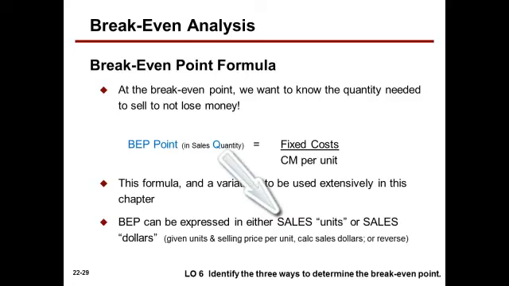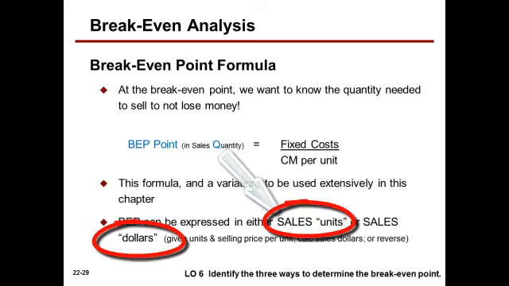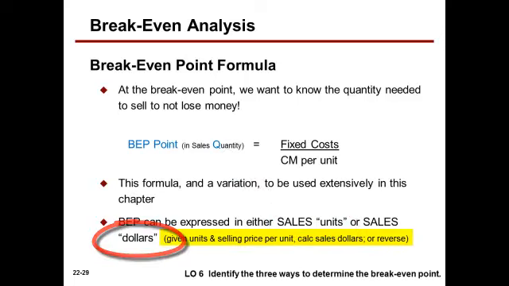BEP can be expressed in either sales units or sales dollars. If we're given a unit calculation of BEP and the selling price, we can calculate sales dollars, or we can do the reverse. If we're given sales dollars and the unit selling price, we can calculate BEP in terms of units.